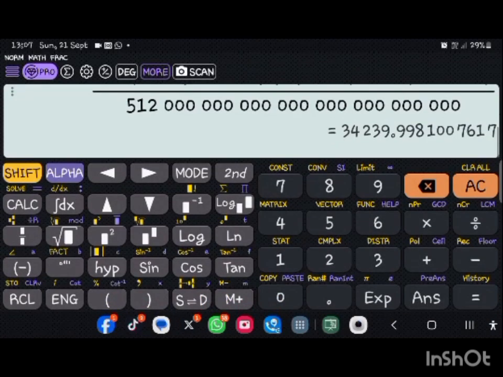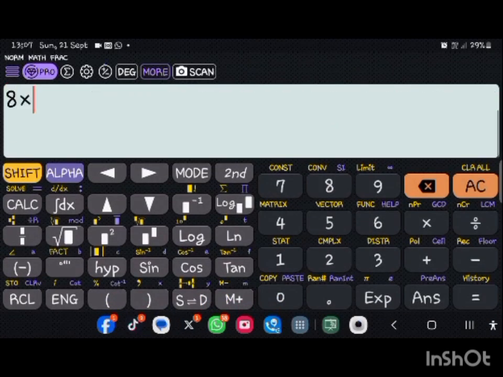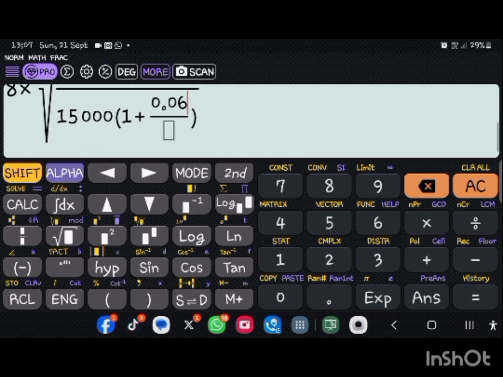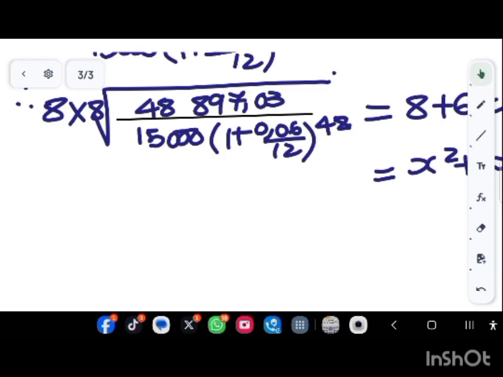Now we use the calculator. 8 times the 8th root of, the common fraction button, 48,897 and 3 cents, that over 15,000 times in bracket 1 plus common fraction button 0,06 downward arrow 12 over 12, yes, all raised to the power of 48.